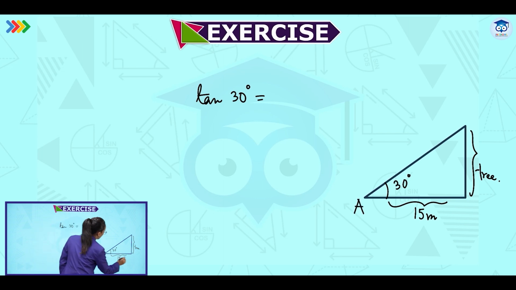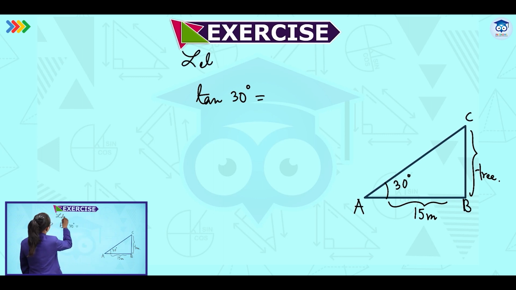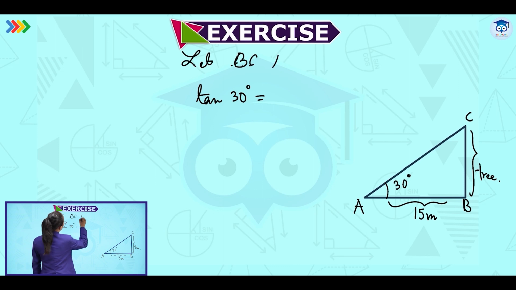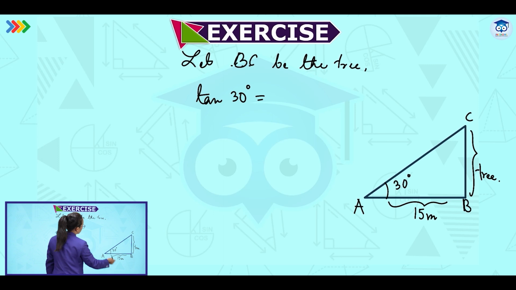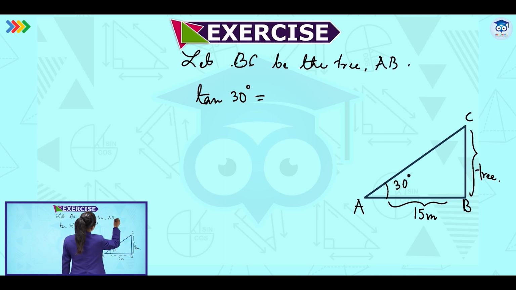So this is suppose A, B, C. So we'll start with, let everything we have to write. Okay, let BC be the tree. This is a shadow. So let BC be the tree, and shadow is what? AB is its shadow.